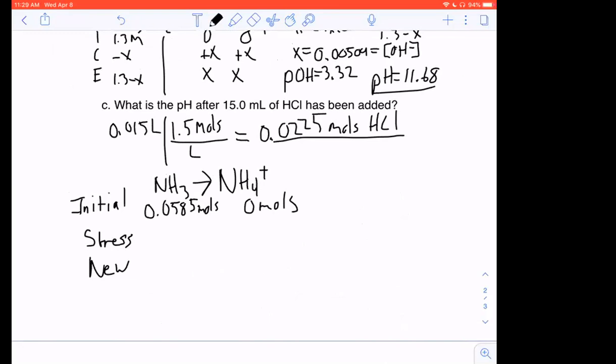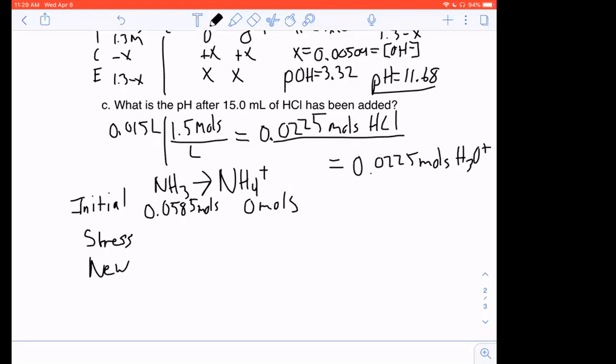What we're looking at now is how it changes, the stress. For every mole of HCl that you add, it's going to convert this into NH4 plus. Remember, HCl is going to break up into H3O plus, so we're basically adding 0.0225 moles of H3O plus into the solution.